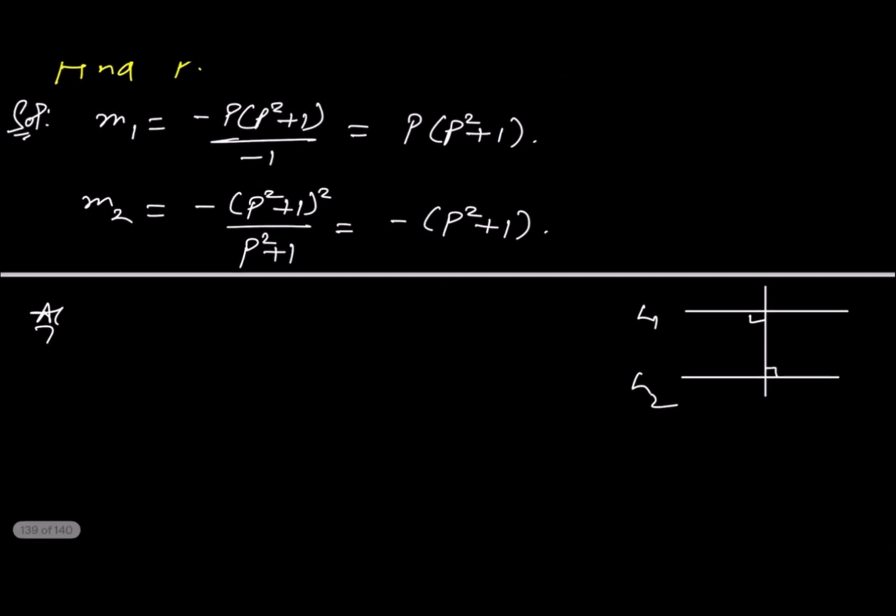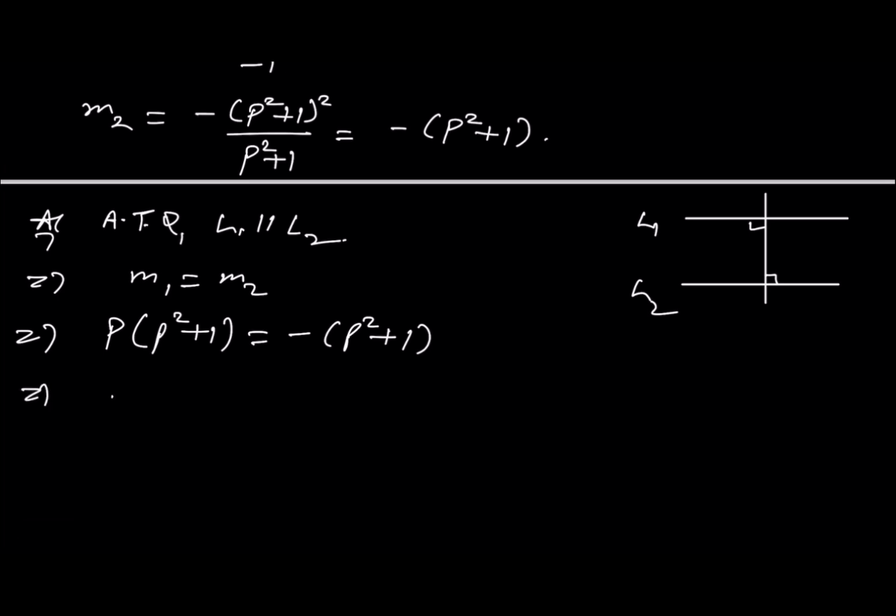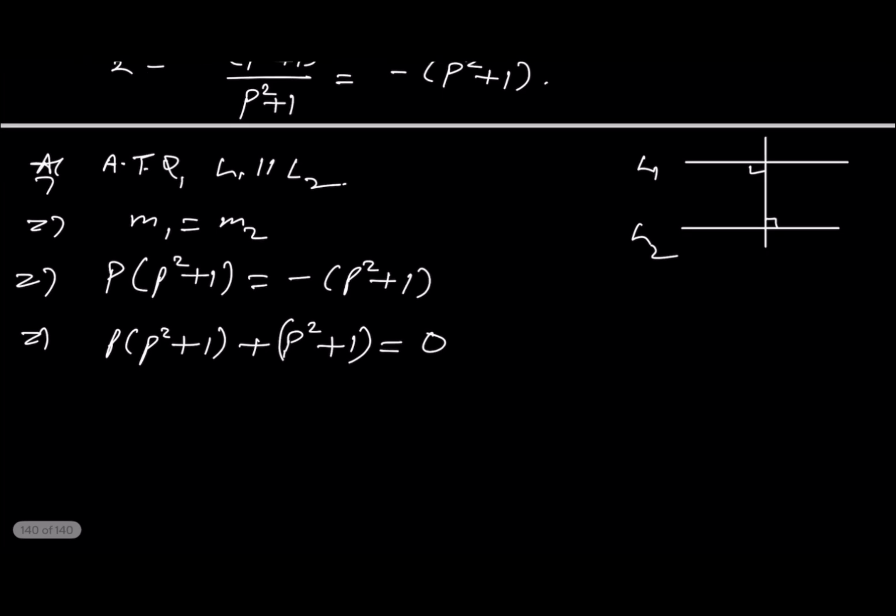So from the figure I can say L1 and L2 are parallel, implies m1 is equal to m2, implies p times p square plus 1 is equal to minus of p square plus 1, implies p times p square plus 1 plus p square plus 1 is equal to 0, means p square plus 1 common, p plus 1 is equal to 0.